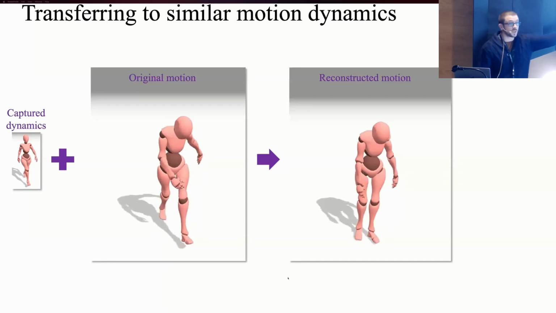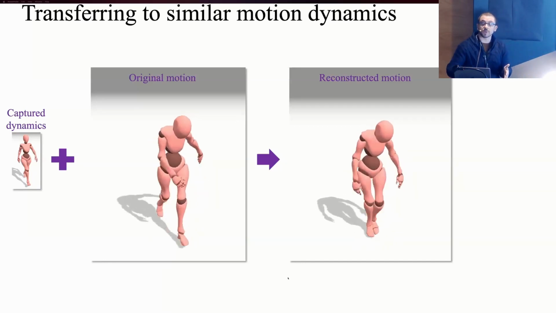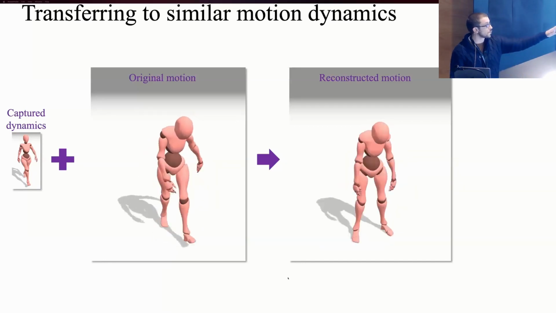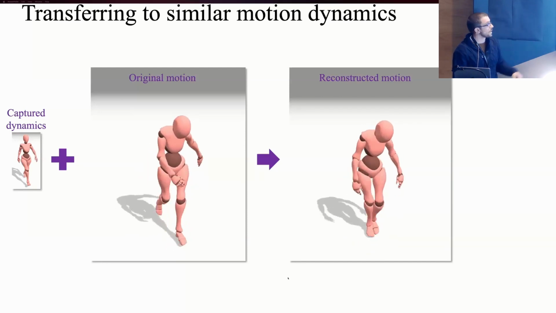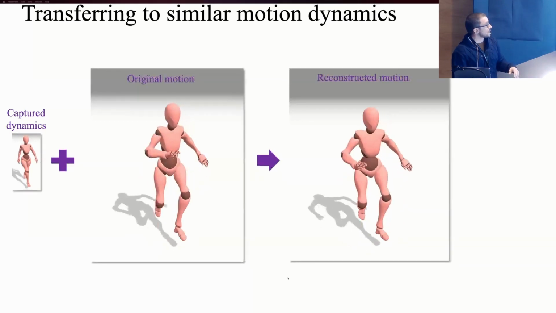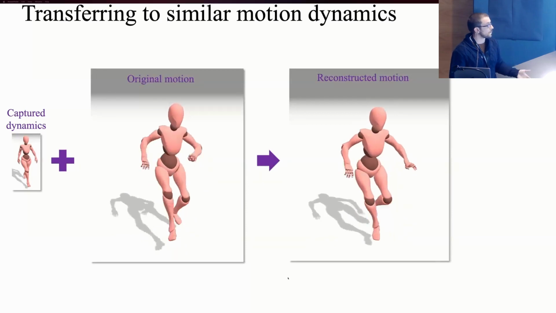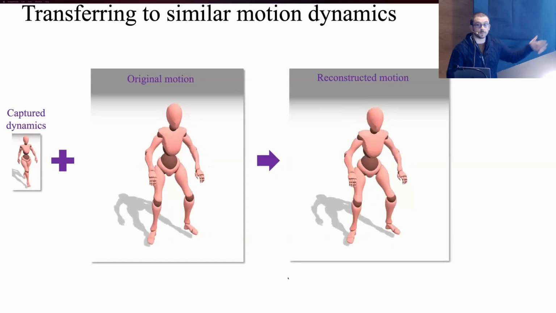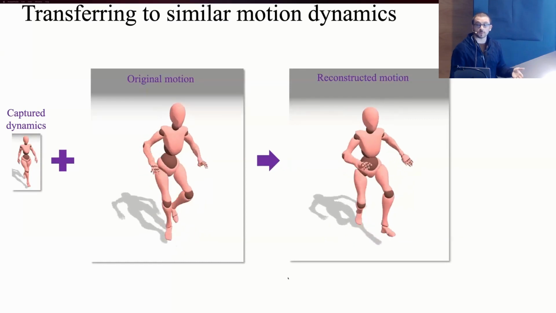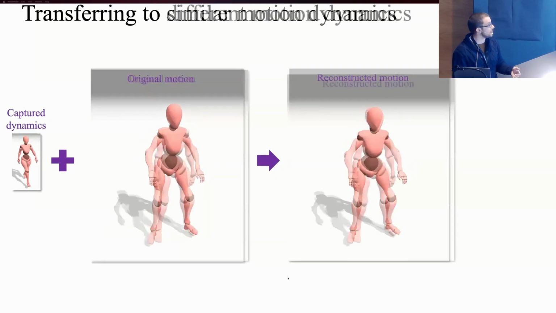Since the two motion dynamics are close to each other, we are able to reconstruct the given motion pretty well. The same thing happens for this sneaky walking. And the dynamics of the motions being the same allow us to get this reconstruction accurately enough.